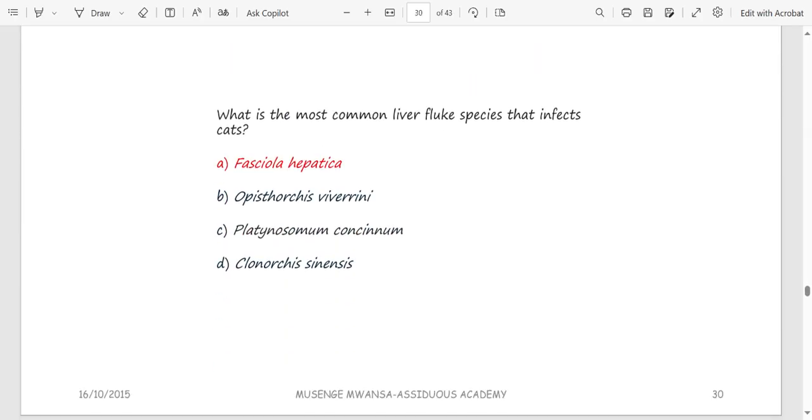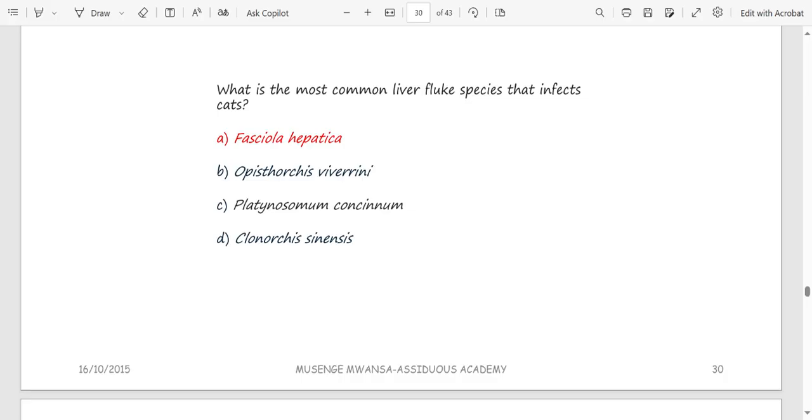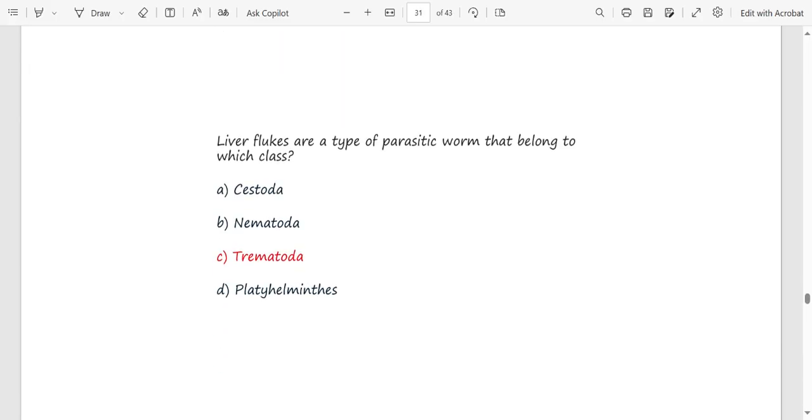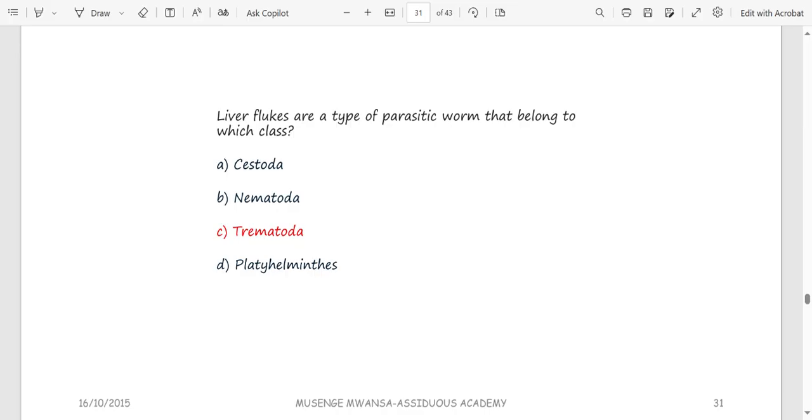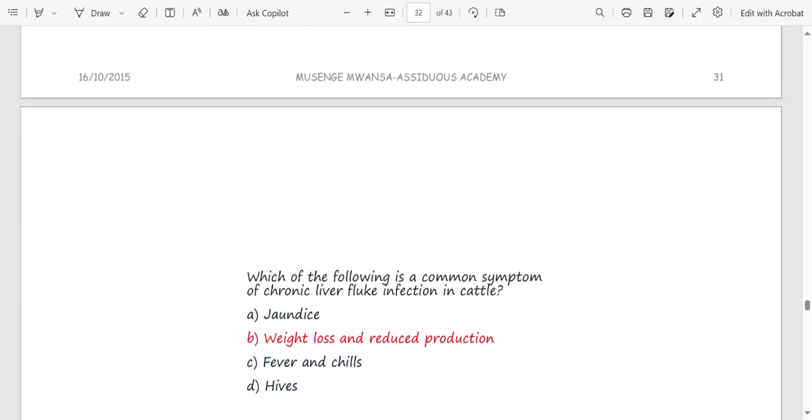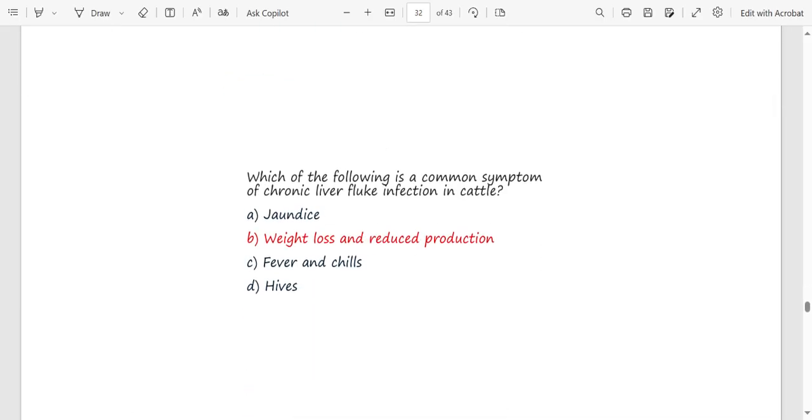What is the most common liver fluke species that infects cats? Fasciola hepatica is the most common liver fluke infecting cats, sheep, cattle, humans. Liver flukes are a type of parasitic worm that belongs to which class? Remember, the flukes are trematodes, right? Which of the following is a common symptom of chronic liver fluke infection in cattle?